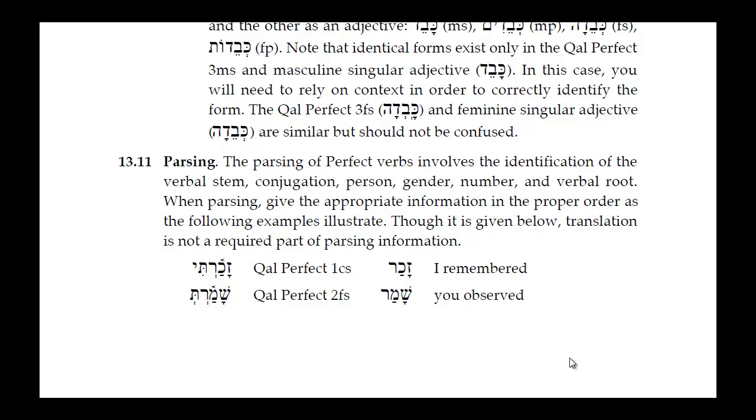Now we're going to go into learning what we're going to require for parsing. We parse nouns. We say they're masculine, singular, absolute, or masculine, singular construct. Now we're going to learn what we need to do to parse the verbs here.